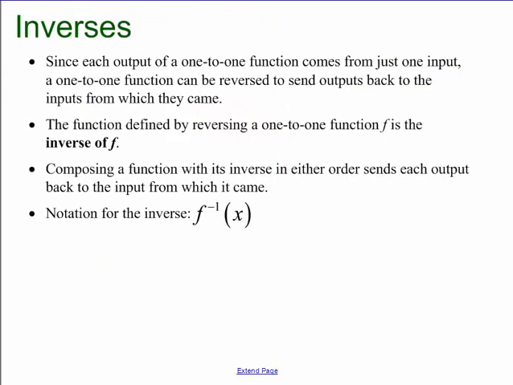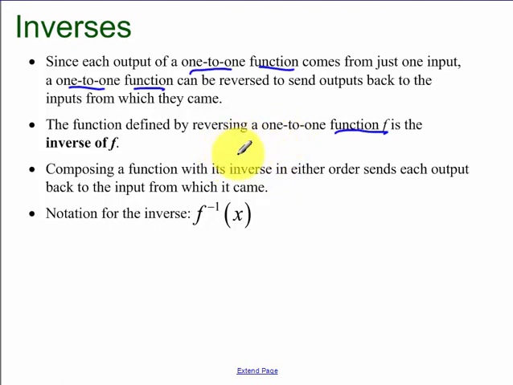So, inverses. Since each output of a 1-to-1 function comes from just one input, you can reverse them and find an inverse function. So if a function's 1-to-1, the inverse is a function.